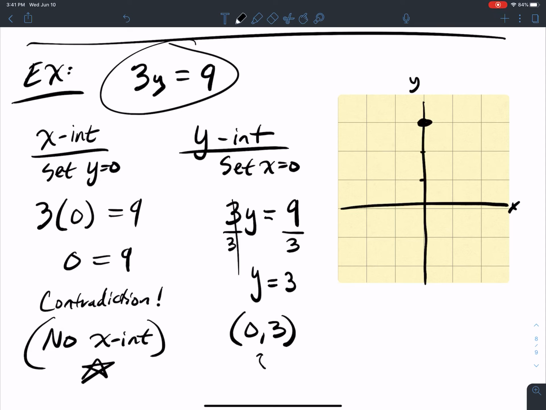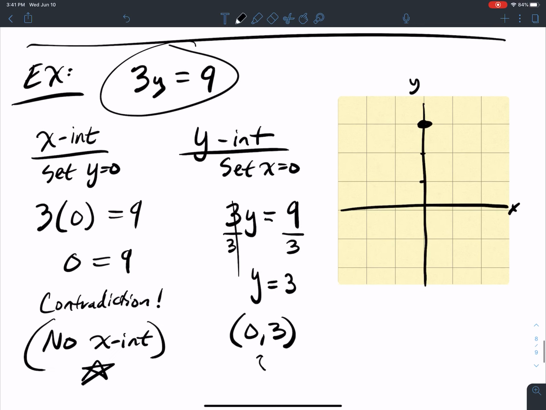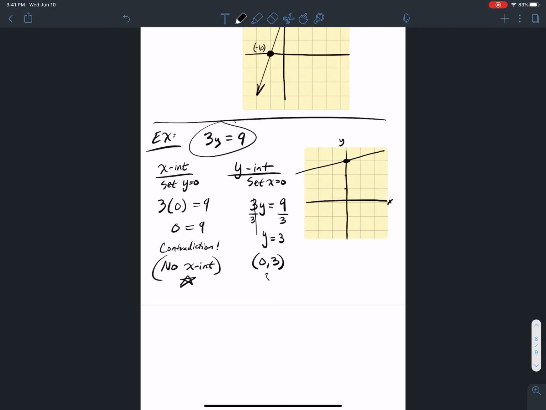Now, if there's no x-intercept, that means what? That I can have a little bit of a bend here? Well, if you zoom out far enough, a bend eventually crosses. So we can't have a bend at all. It needs to be parallel with the x-axis if it's never going to cross.